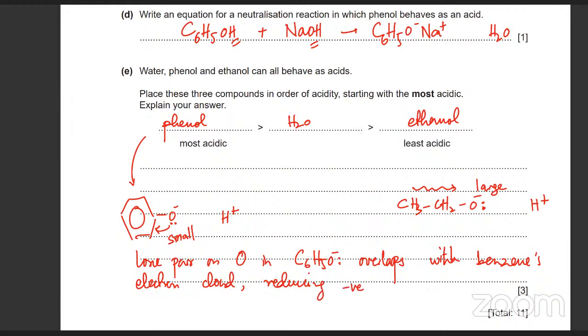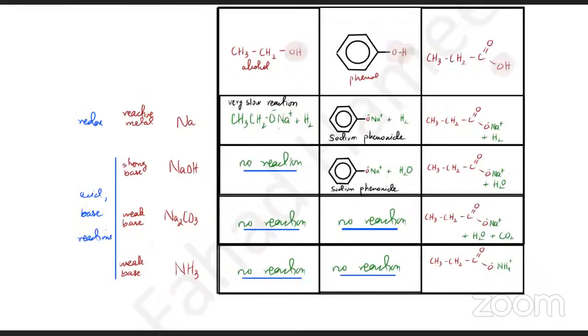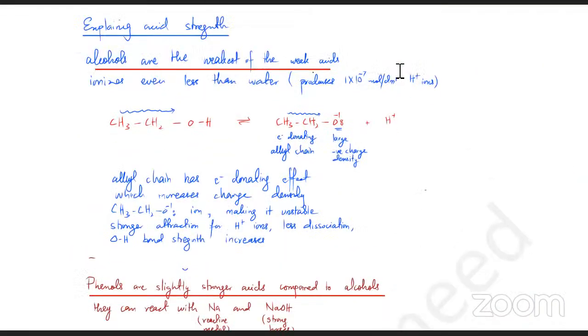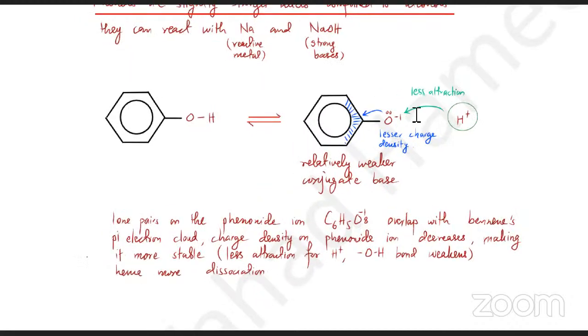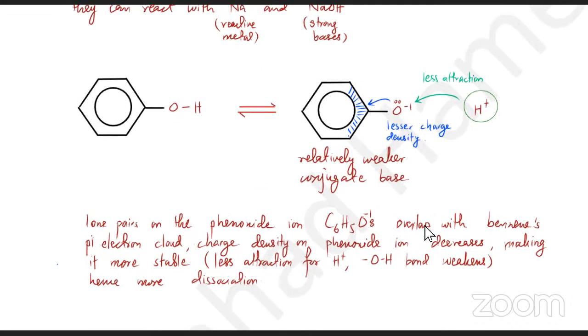Let's just read it. The lone pair on phenoxide overlaps with benzene's pi electron cloud. Charge density on the phenoxide ion decreases, making it more stable. There's less attraction for H+. The OH bond weakens, hence there's going to be more dissociation.